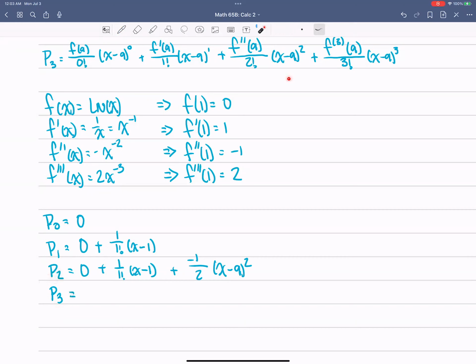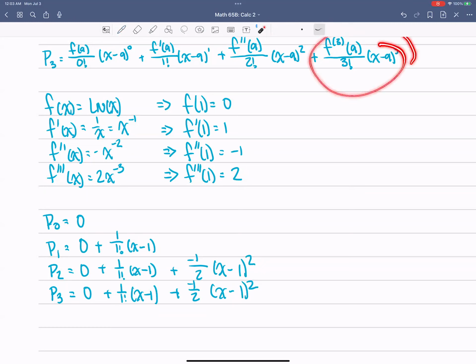Polynomial 3 is us adding all of this together. So 0 plus, we could kind of just copy all of these here. 1 over 2, negative 1 over 2, x minus a, actually not a, x minus 1 squared.